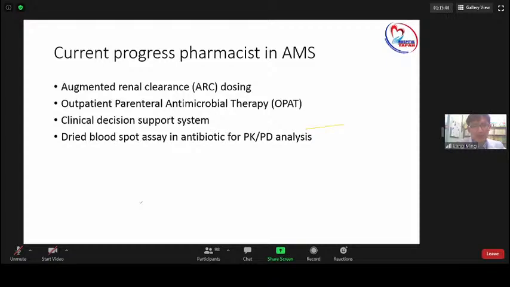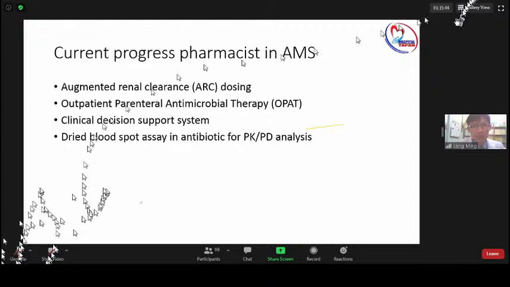The other thing is outpatient parenteral antimicrobial therapy, or OPAT. I think many countries have already started this. For certain diseases like osteomyelitis, patients need 6 to 8 weeks of IV administration. They cannot come to hospital, and some of them will default.